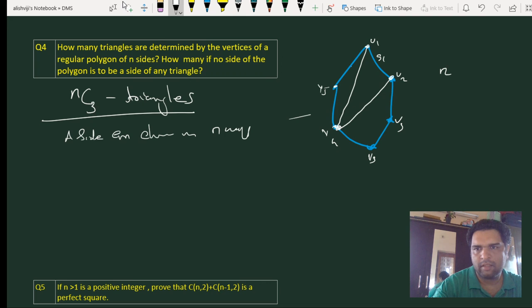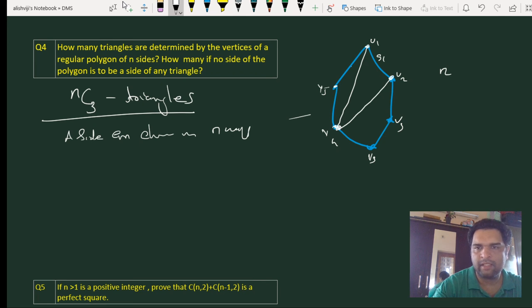Whenever we fix a particular side, its two vertices cannot be chosen again, and the vertices adjacent to V1 and V2, the chosen edge, cannot be chosen in our next step.